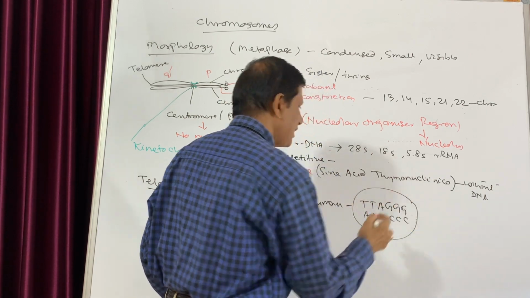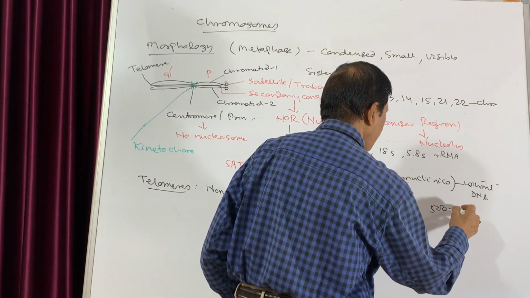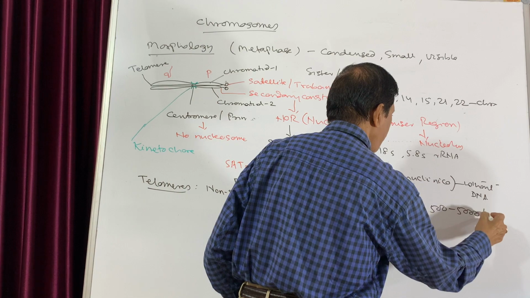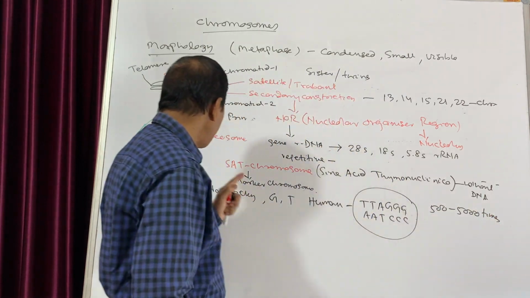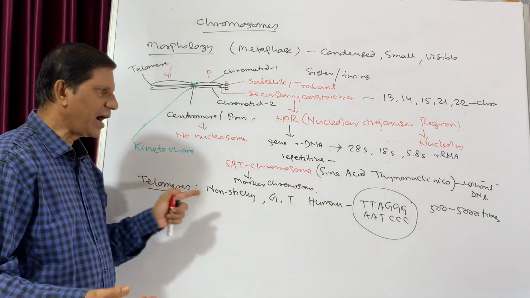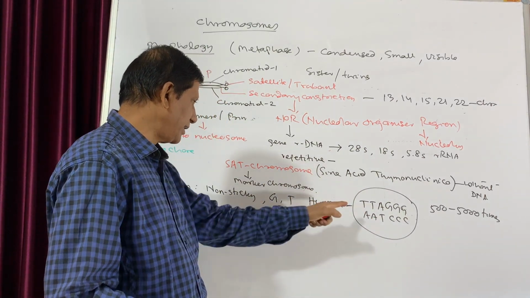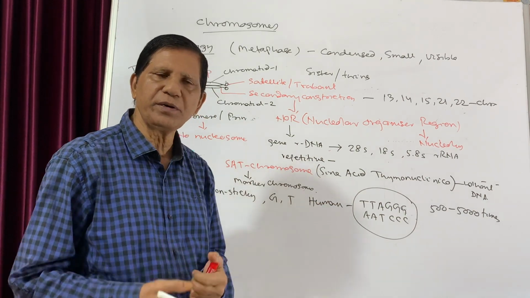This is repeated around 500 to 5000 times only at the telomeres. That means there is a repetitive DNA, and you see there is a G and T, they are present repeatedly.